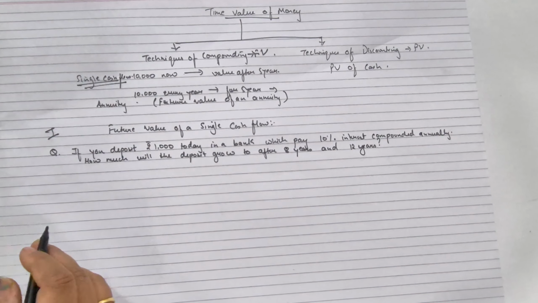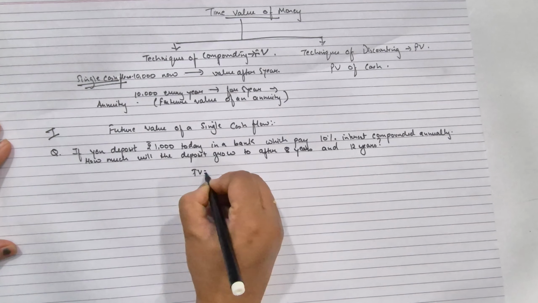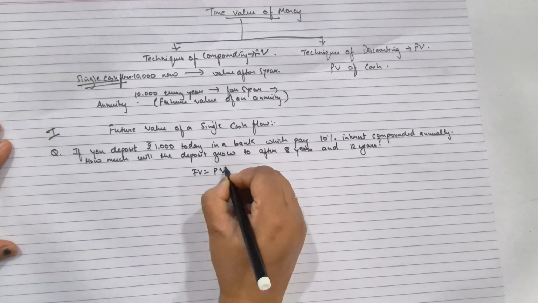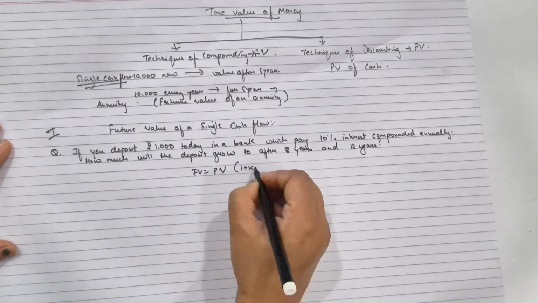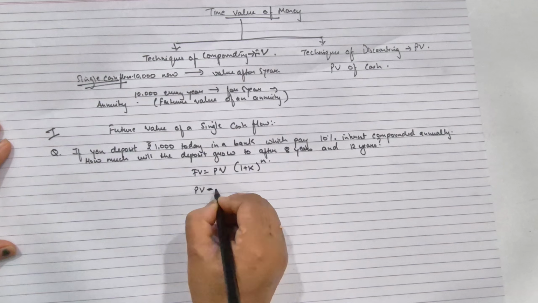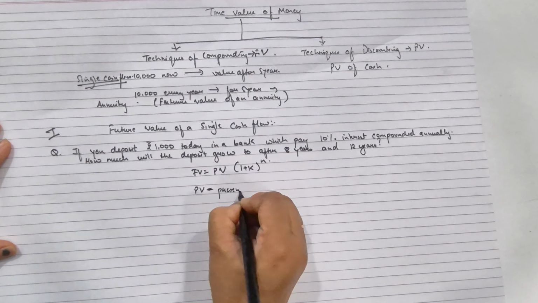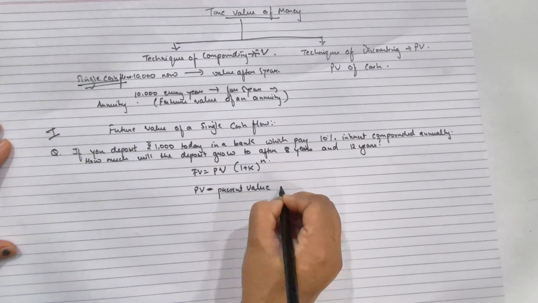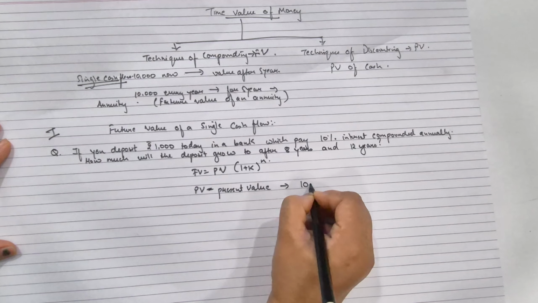So the basic formula for this is future value equals present value times (1 plus k) to the power n. PV is your present value, which is 1,000.